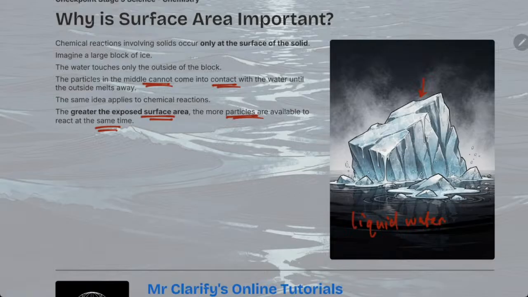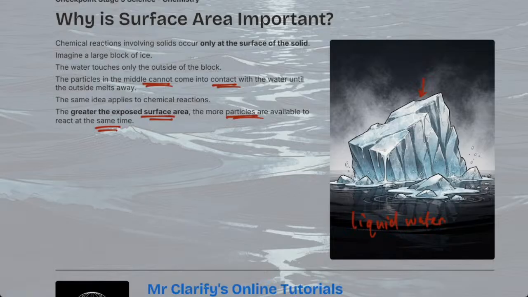The inside of the ice will remain as ice. The outside is what will be converting to liquid water, right? Are we together? And this continues to happen until the inside particles are finally exposed. That's when they can dissolve. Are we together?